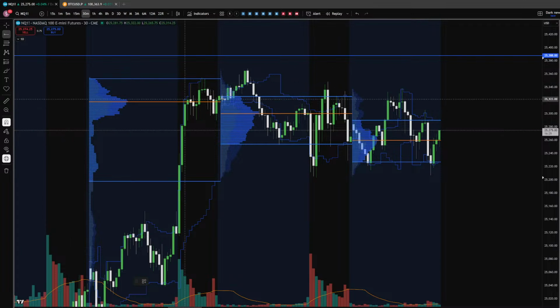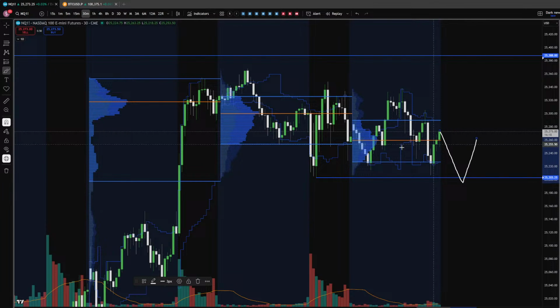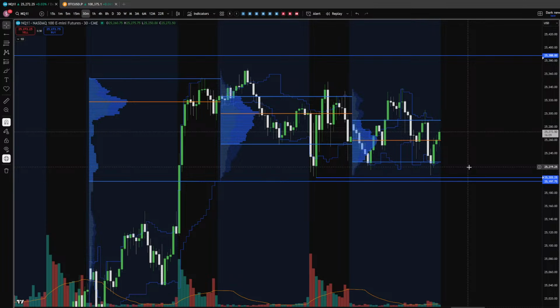So this is already a sign that a fake out of this low would be actually perfect to tap this level. Okay, this would be amazing to see. Let's hope for this. I already marked this level with an alert.